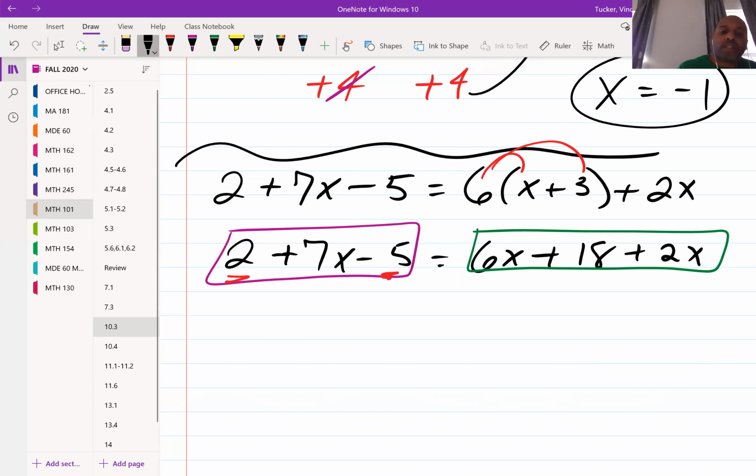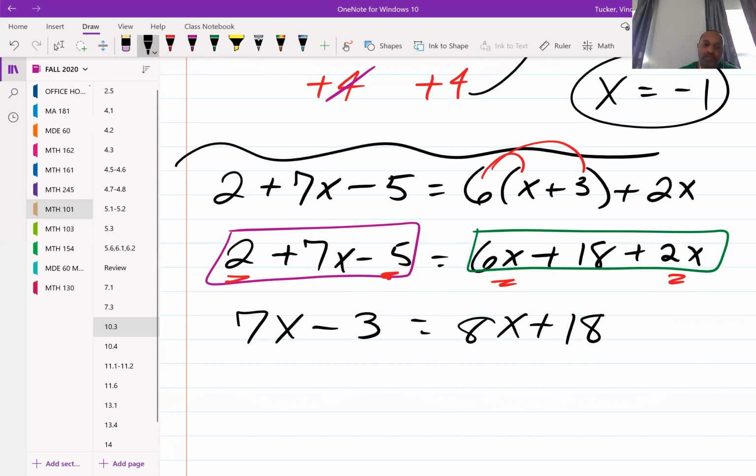So that'll be 7x minus 3. And then over here, I have 6x and 2x that I can add together. And that'll be 8x plus 18. Any problems?